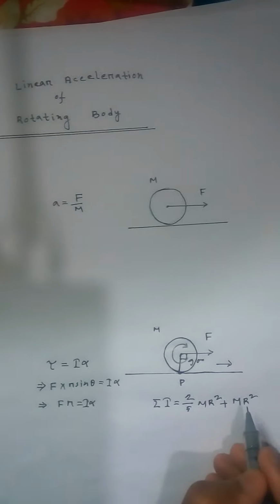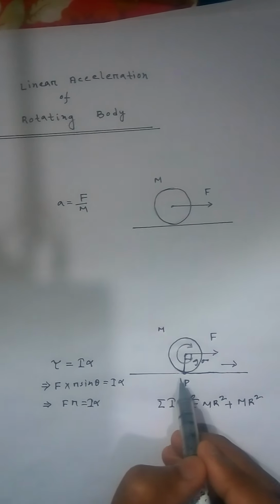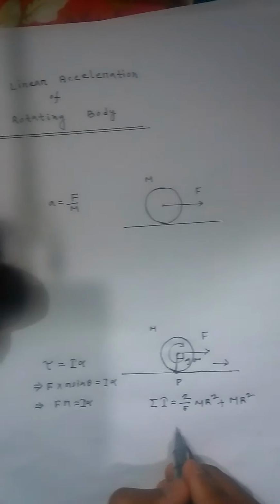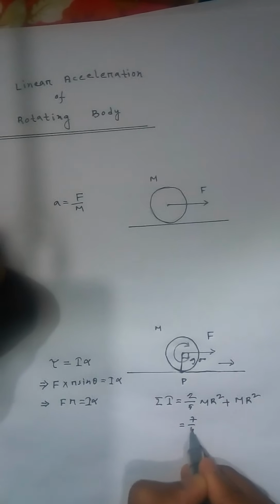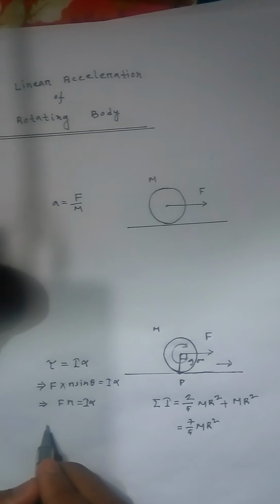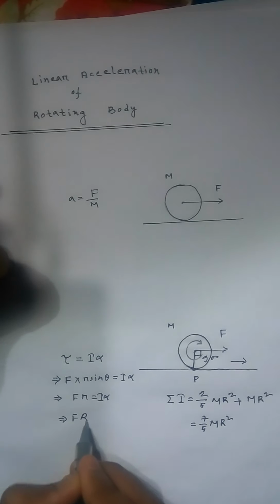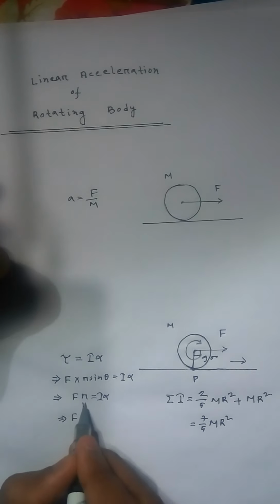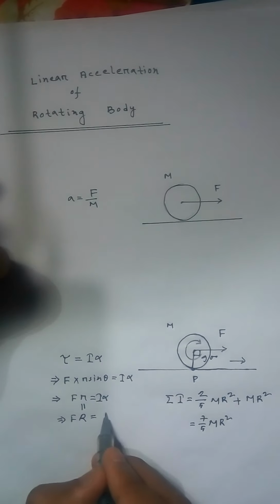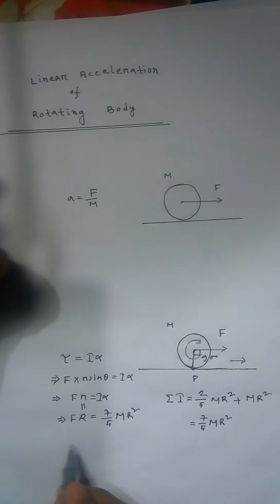We use the parallel axis theorem of the rotational inertia. Then comes 7 by 5 m r square. Now we put the answer here, if r is equal to r.